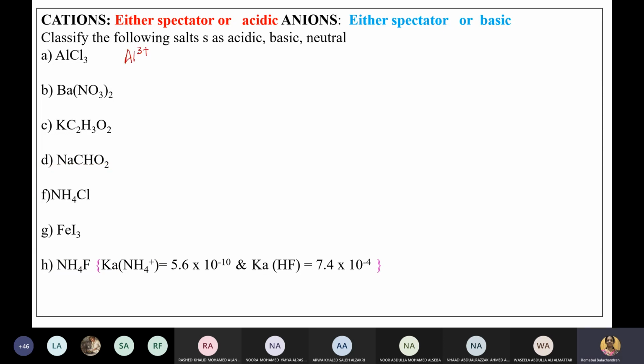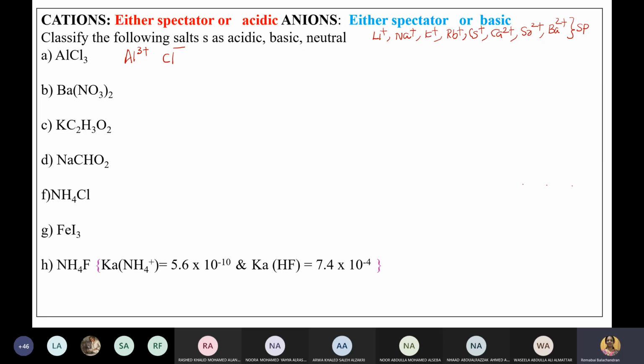We have Al³⁺ and Cl⁻. Did you understand what I wrote? Did you understand where the 3+ is coming from? Do you remember the spectator cations and anions? The spectator cations are Li⁺, Na⁺, K⁺, Rb⁺, Cs⁺, then Ca²⁺ calcium, Sr²⁺ strontium, and Ba²⁺.